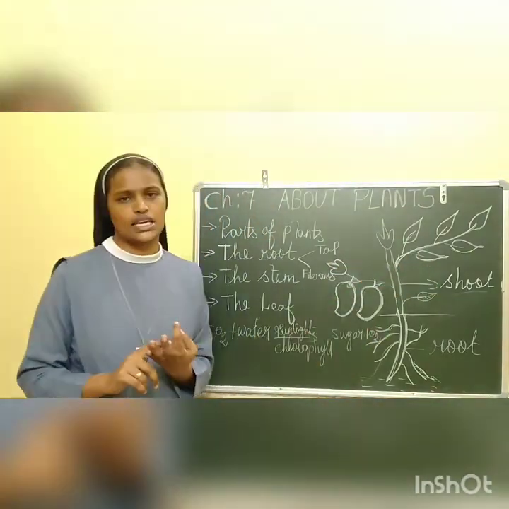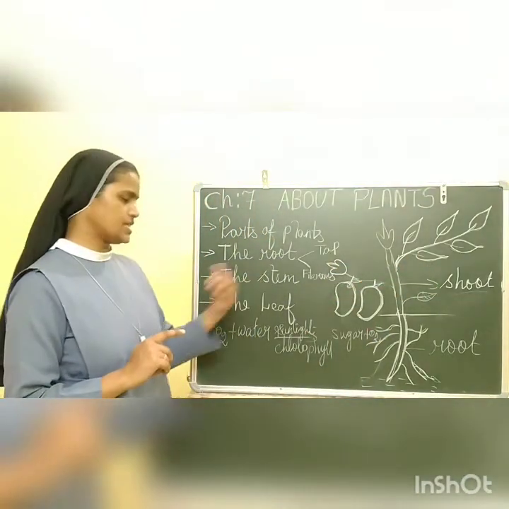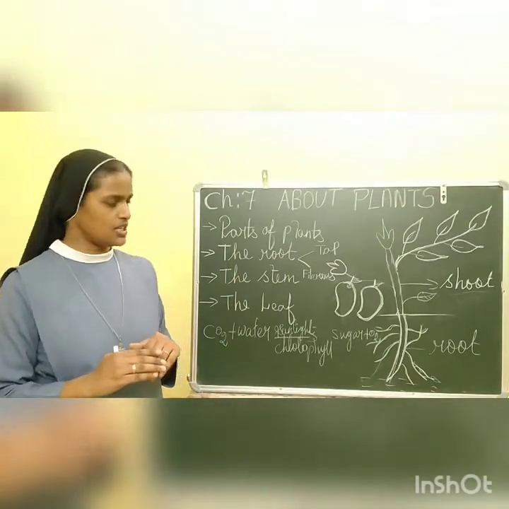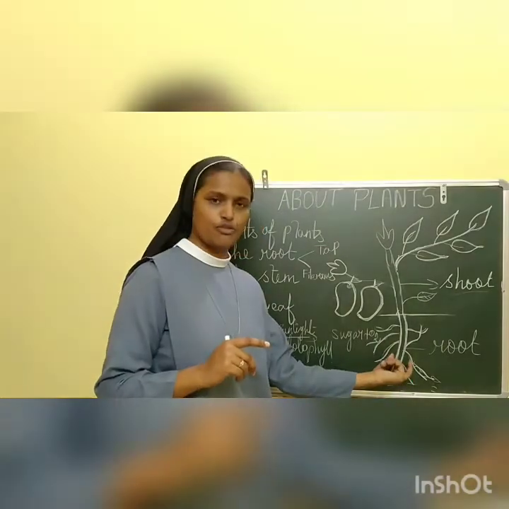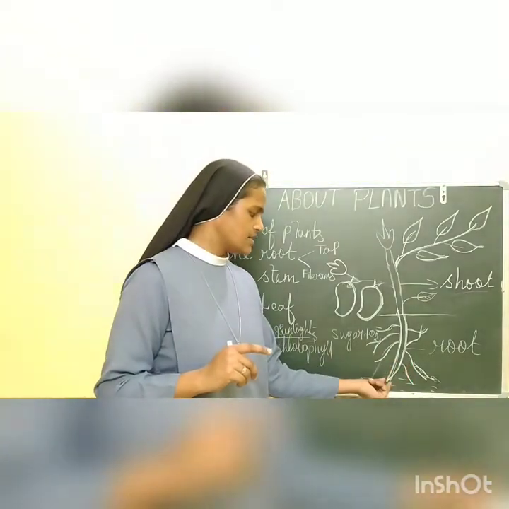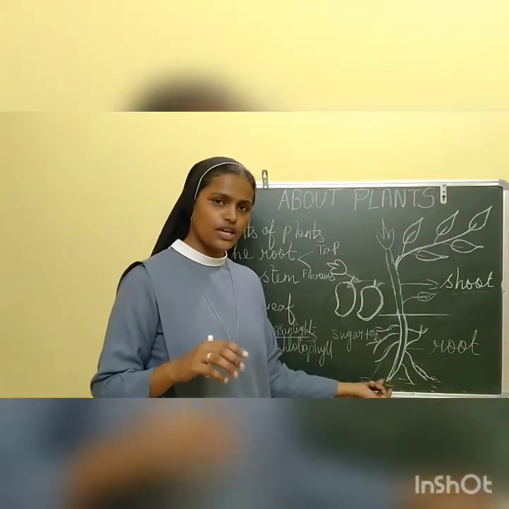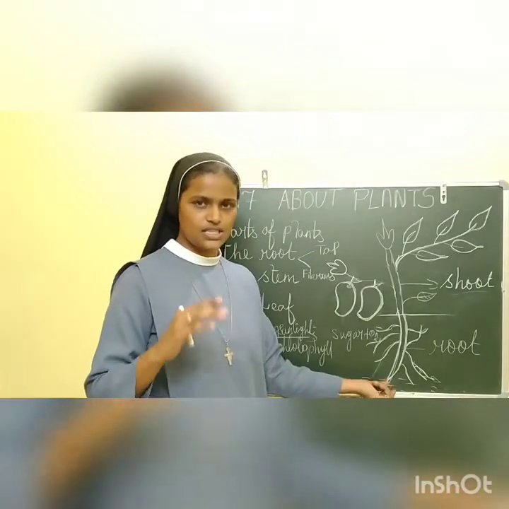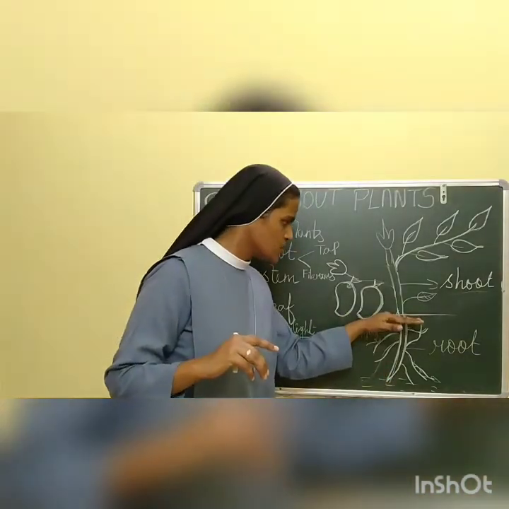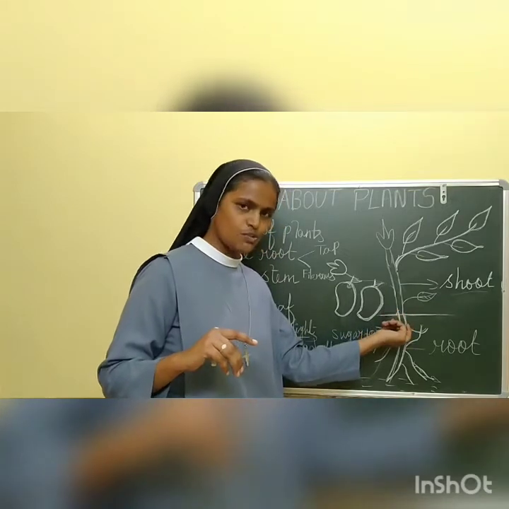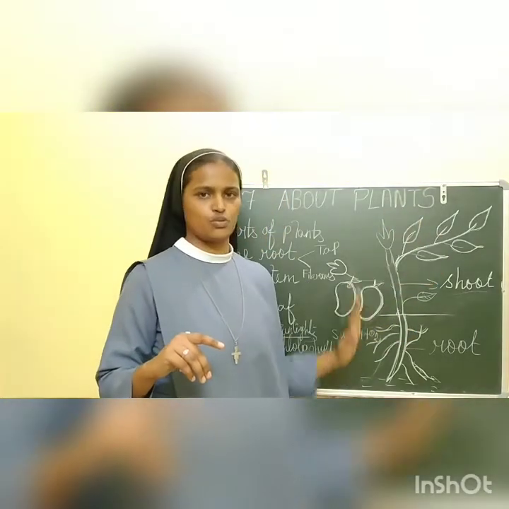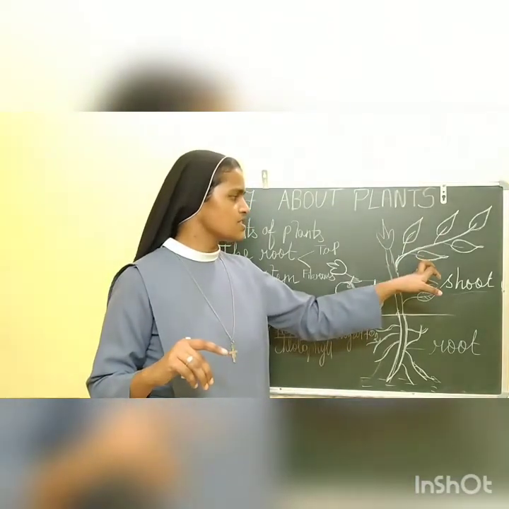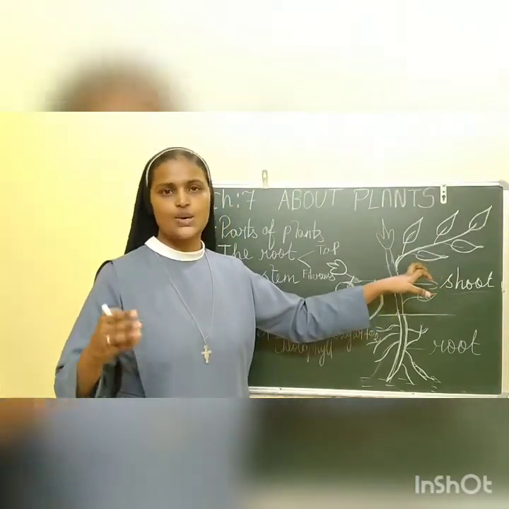The third function is, as we have already seen, the root absorbs water and minerals from the soil. From the root, the stem transports water and minerals to the leaves and fruits. Because leaves are preparing food, they need water.